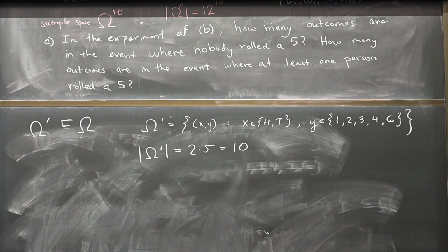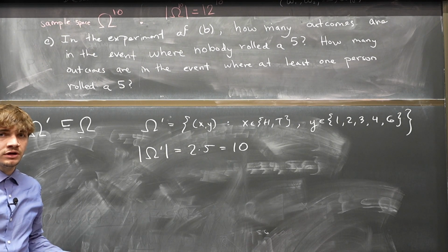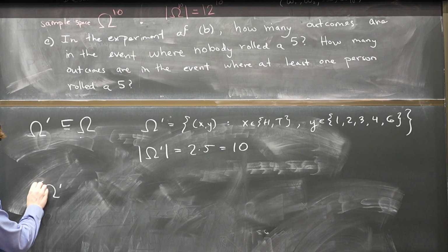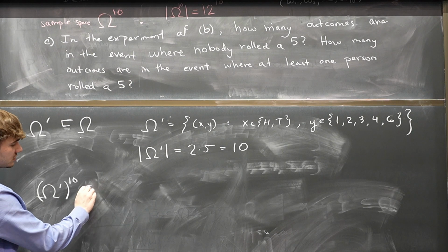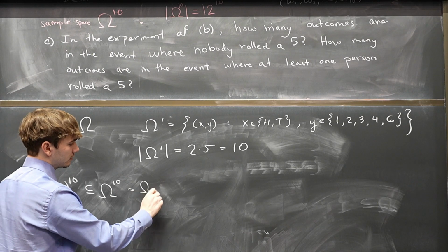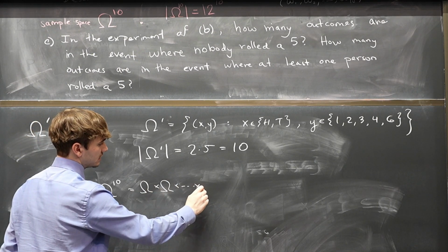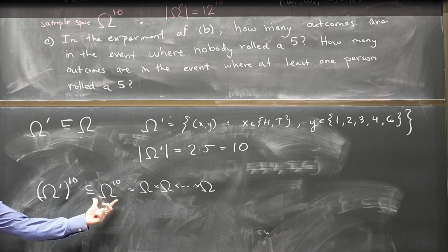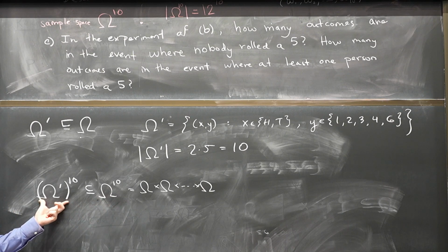And then by similar logic, if nobody rolled a 5, then omega prime to the 10, which is a subset of omega to the 10, where omega to the 10, remember, is omega cross omega 10 times. If I raise omega prime to the power 10, then this is precisely the subset of omega to the 10 such that none of its elements contain a person rolling a 5.